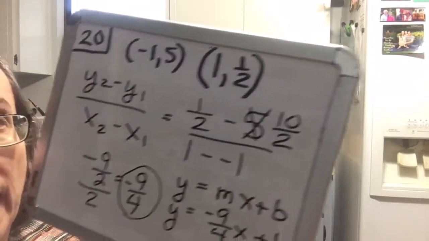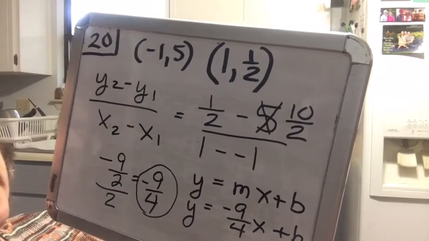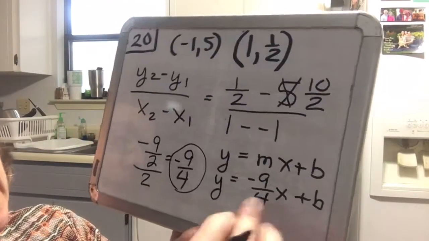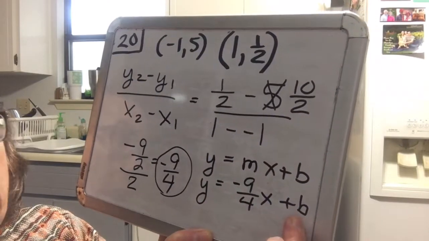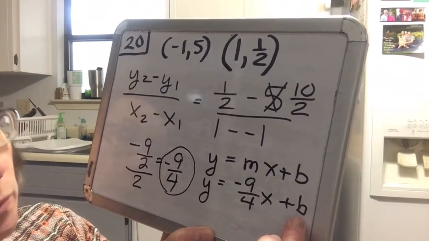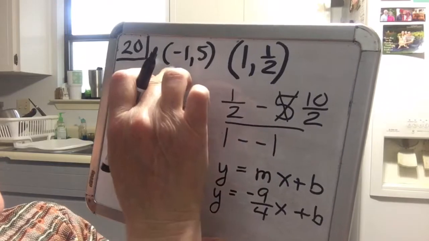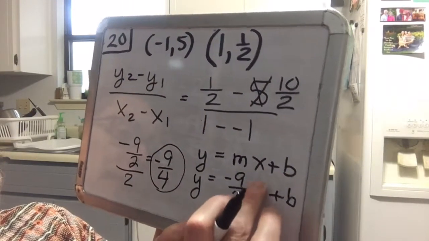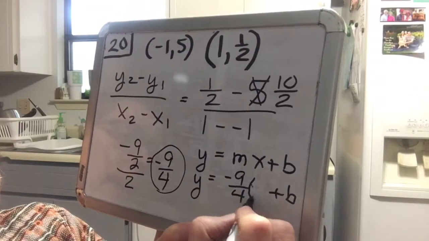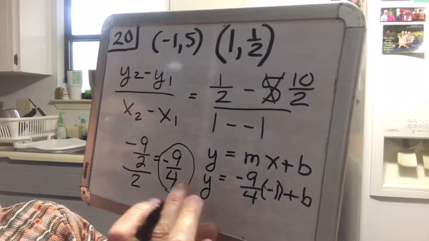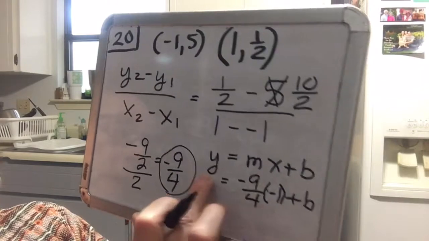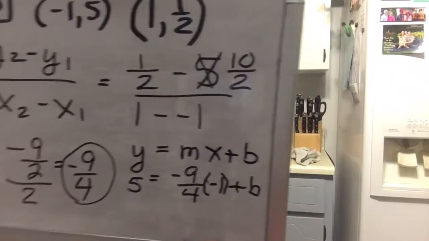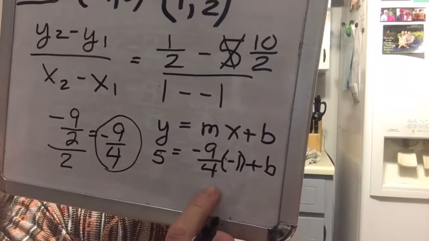Now, when we have a point, we don't have a y-intercept, so we're just going to use one of our points in place of the x and the y in the equation, not the b. We're trying to find out what the b is. So we're going to plug in -1 and 5: instead of my x right here, I'm going to plug in a -1, and instead of my y right here, I'm going to plug in a 5. If you've done it correctly, it should look like that right now.